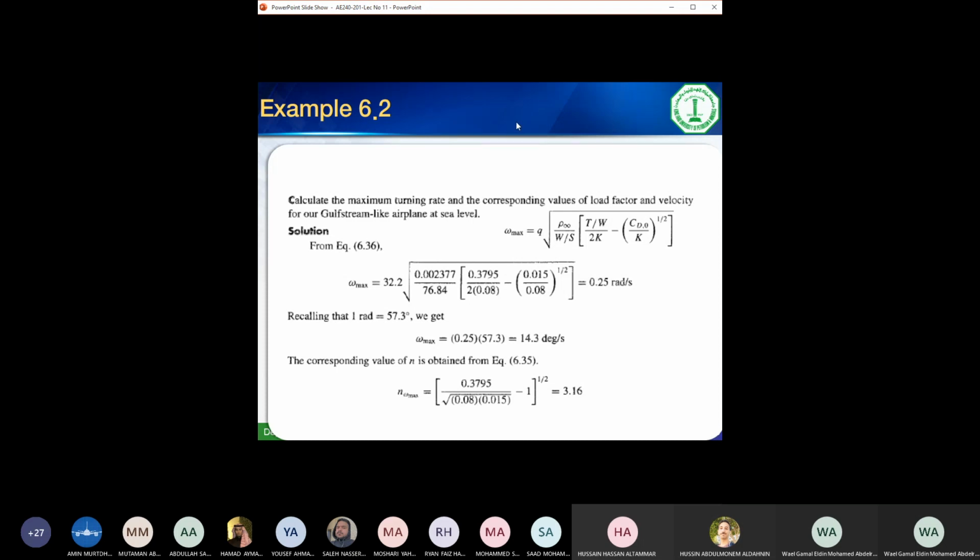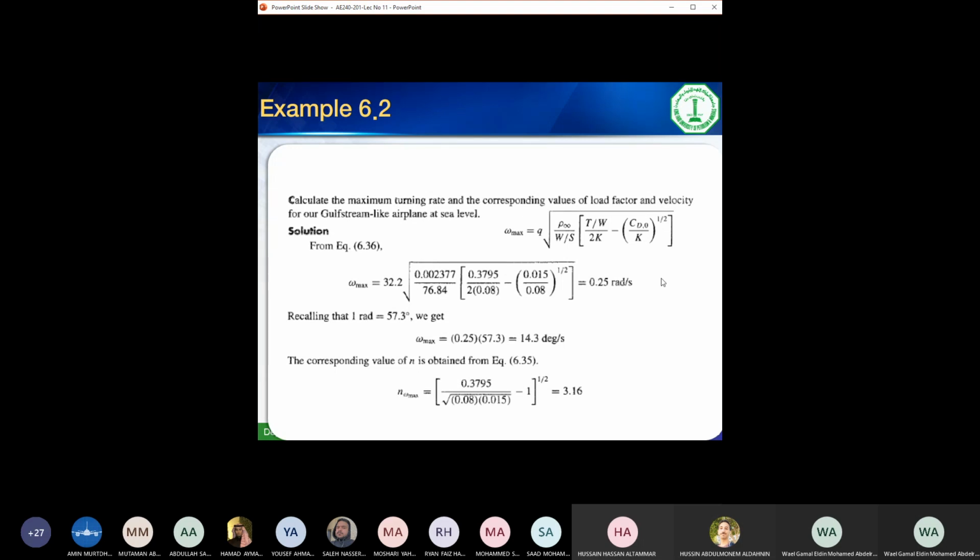So let's see an example. I hope it will clarify the idea. For the same aircraft we have been looking at, the Gulfstream, let's say you want to find the maximum turning rate, that means omega maximum, and the corresponding value of the load factor and the velocity for that angle.